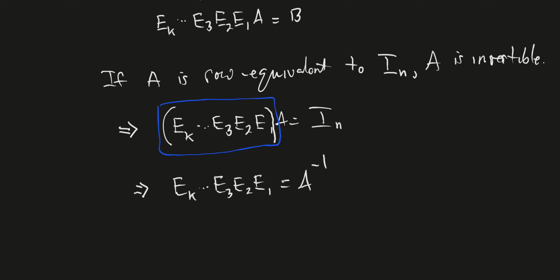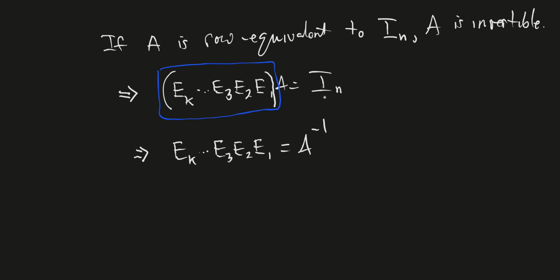Now, let's go back to this original equation. Suppose, and we saw this in the previous video, that each elementary matrix has its own inverse. What is its inverse? Well, it's the elementary matrix that would undo whatever operation E does.